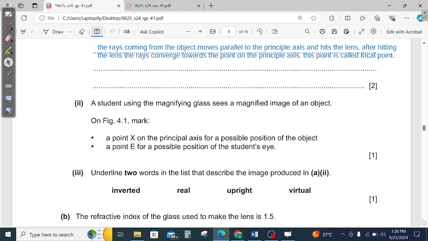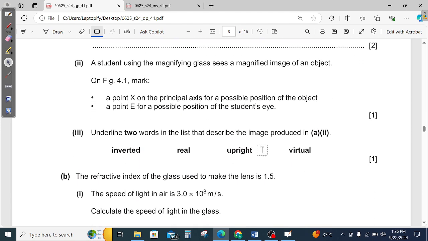Now question number 2 is: a student using the magnifying glass sees a magnified image of an object. On figure 4.1, mark a point X on the principal axis for the possible position of the object, and second, the point E for the possible position of the student's eye.